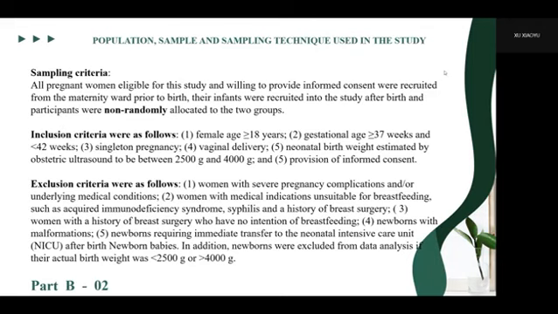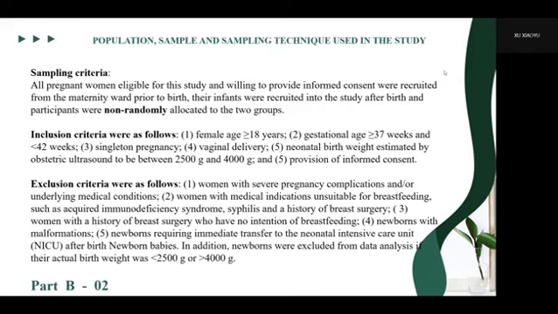In this article, all pregnant women eligible for this study and willing to provide informed consent were recruited from the labor ward before birth, and their babies were recruited into the study after birth, with participants being randomly allocated to two groups.